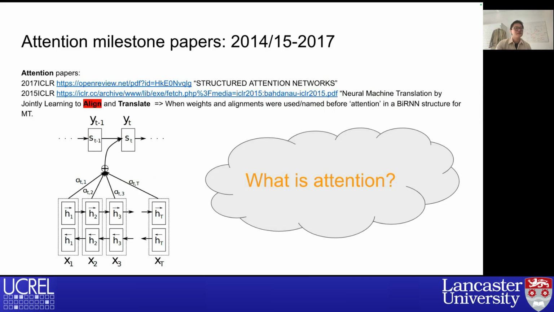And then what I want to mention is, what is attention? Attention before the transformer was actually already introduced in 2014 and 2015 when people tried to do machine translation at that time. Bidirectional recurrent neural networks were designed to align and translate together.